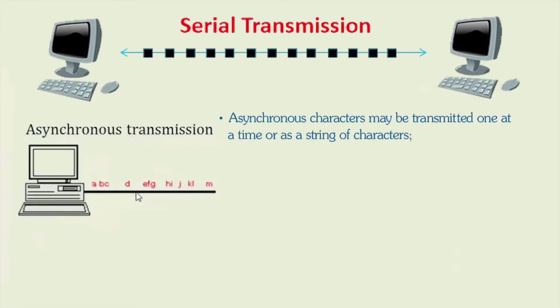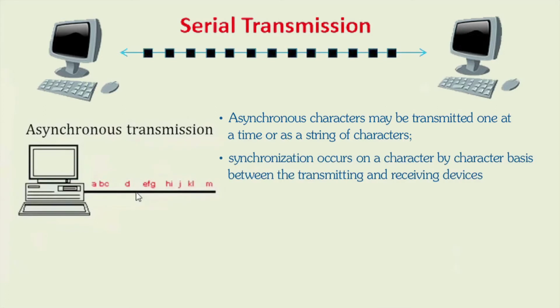A character may be transmitted one at a time or as a string of characters. Synchronization occurs on a character by character basis. Same thing I am just explaining to you. One byte is also called one character. So the letter A means one character, and it will take one byte to represent it in the systems.